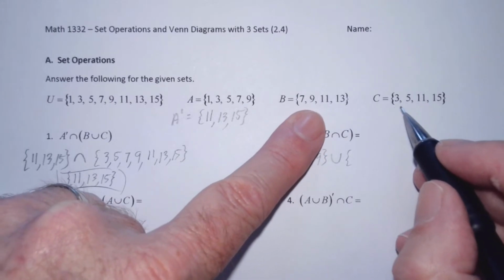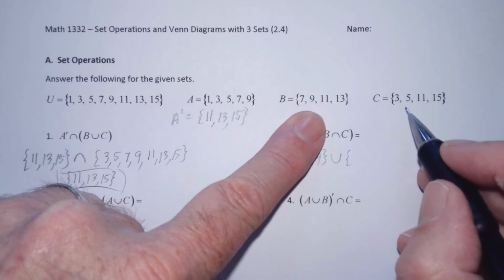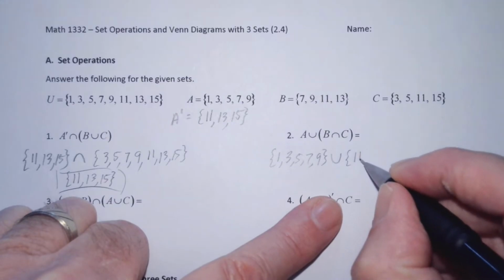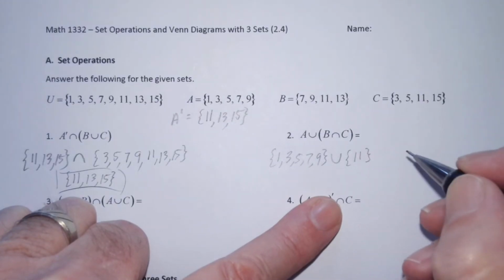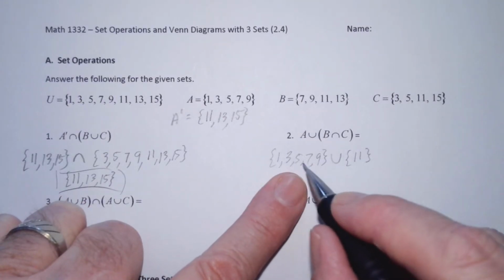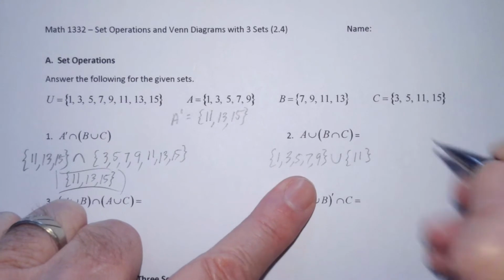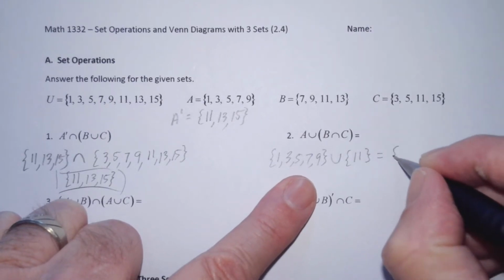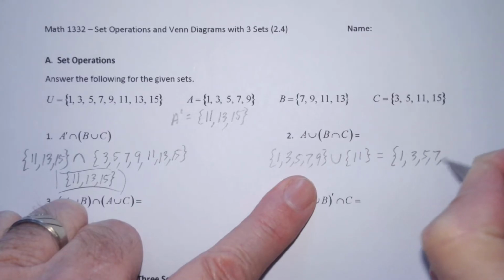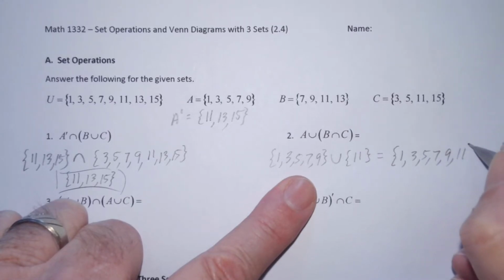Well, 7, 9, those are not in both. 11 is, and it looks like that's it. So if we union these together, basically combine them together, we're going to have 1, 3, 5, 7, 9, and also we'll add 11 to that. So it's 1, 3, 5, 7, 9, and 11.